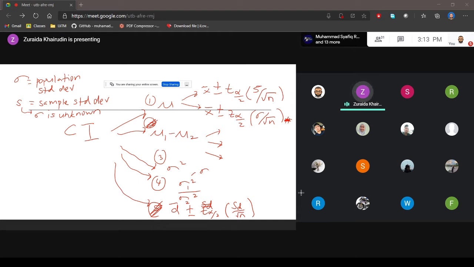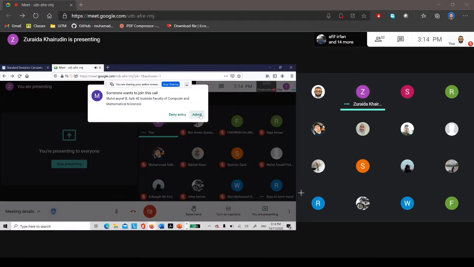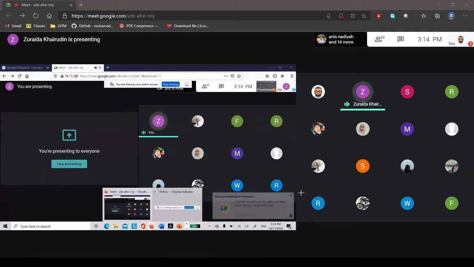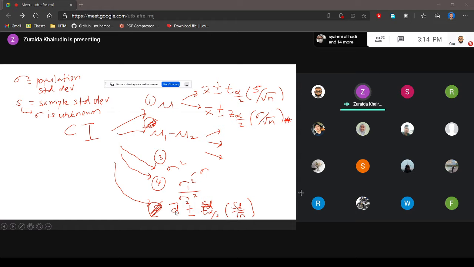Tapi kalau question number 5, confidence interval for the paired difference, we call it paired difference. For number 5, the difference is you have the same sample. For formula number 5, the difference of the paired test here, paired different samples here.